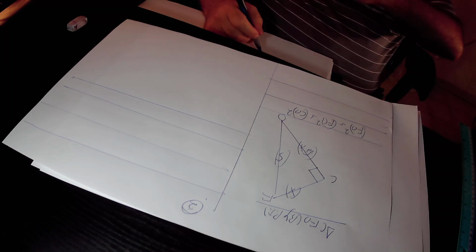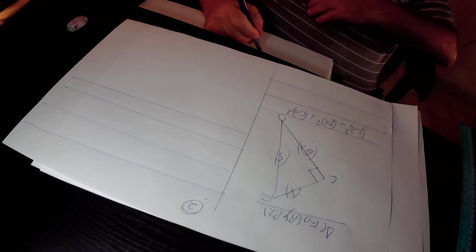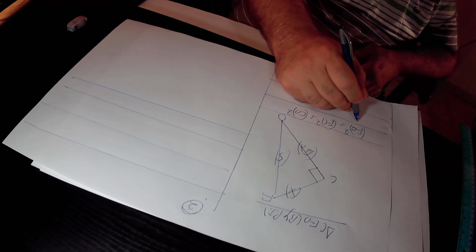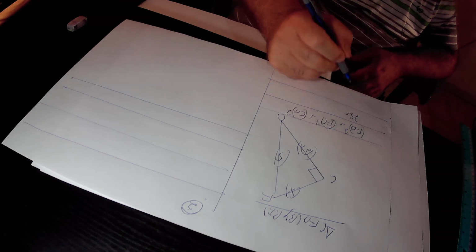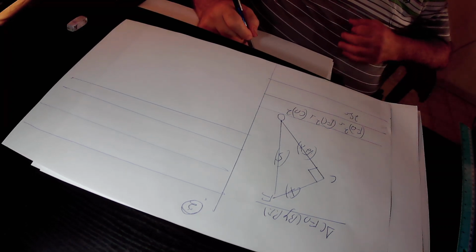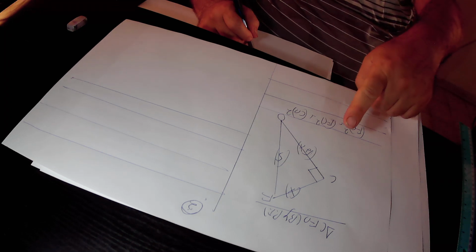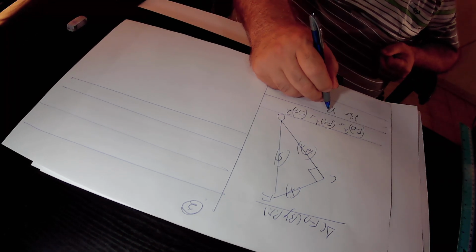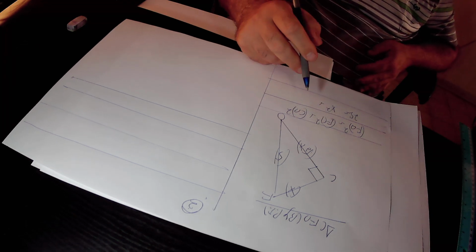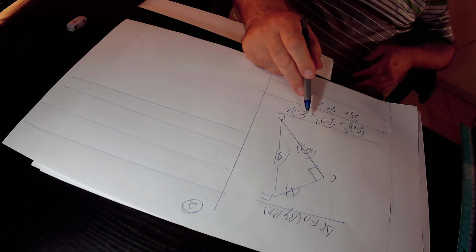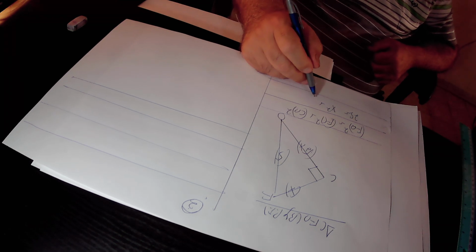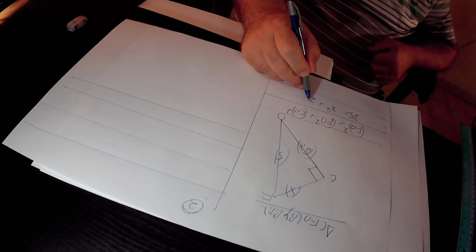FO, the hypotenuse FO equals to 5 units in its length, therefore FO squared is 5 squared, that is 25. And it equals to FC squared. FC is x, therefore FC squared is x squared plus CO squared. CO is equal to the square root of 2 times x units in its length, therefore CO squared will be equal to 2 times x squared.